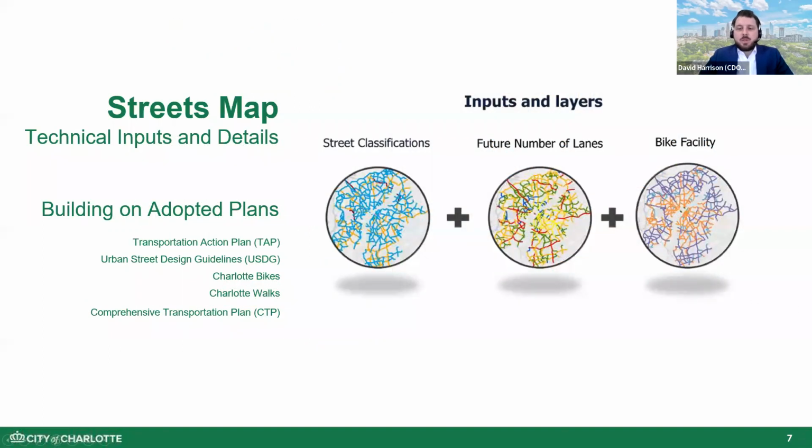Here is some detail about what is in the streets map and what comprises the dimensional requirements of each multimodal cross-section. In addition to those street classifications, there was a determination made on what is the future number of travel lanes needed to protect for vehicular capacity improvements in certain corridors. Rooted in our bicycle policies is also a recommendation of bicycle facility type with specific dimensions for each corridor.